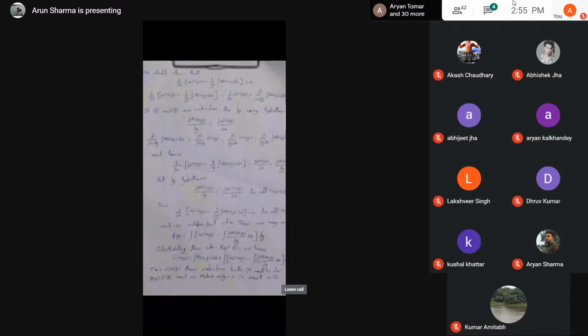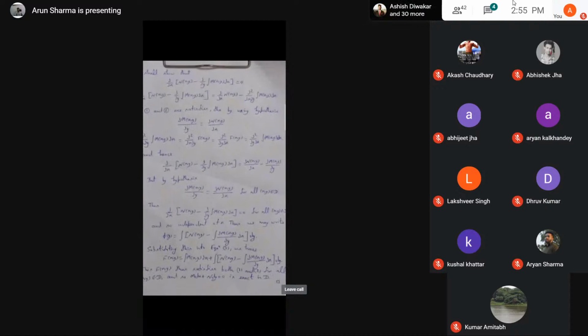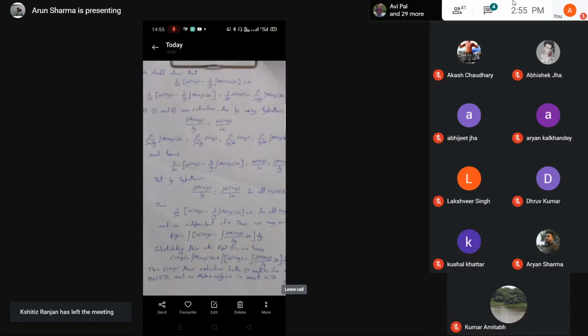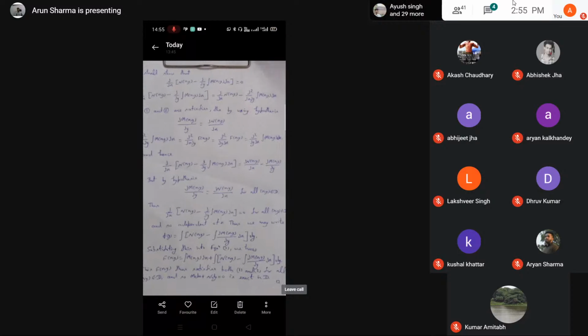Now I am substituting that phi(y): the integral of N(x,y) minus the integral of ∂M/∂y ∂x, and outside this is dy, because it is just a function of y, so no need to write ∂y.